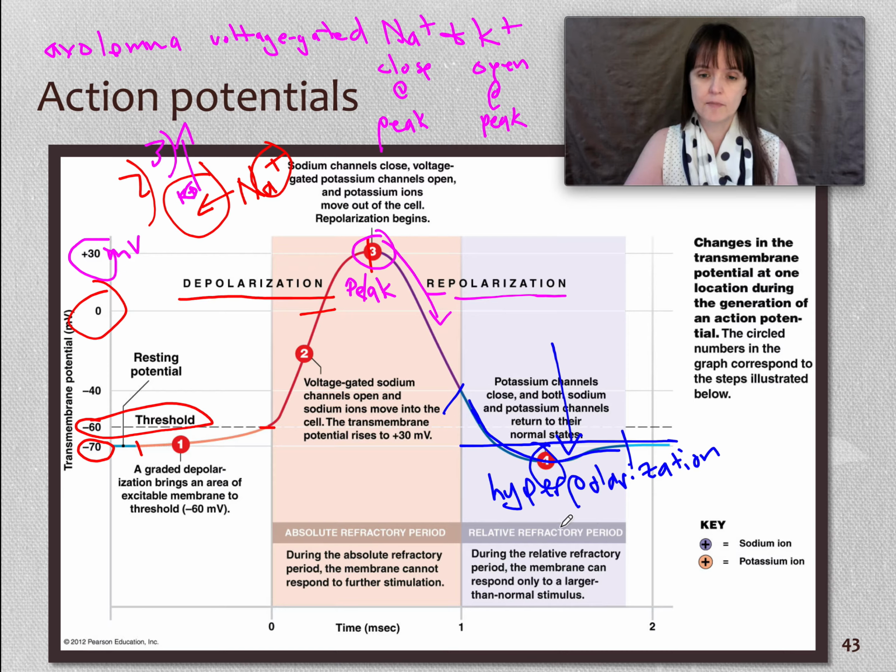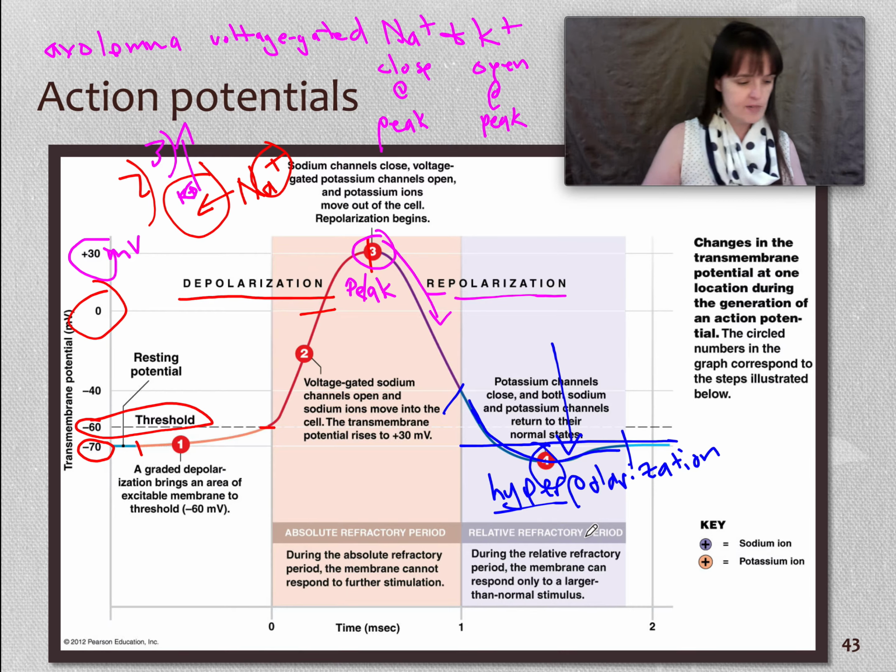Okay, in case you need that for some random test question purposes. So there we go, hyperpolarization. That's number 4, close the potassium channels, resting potential is restored.